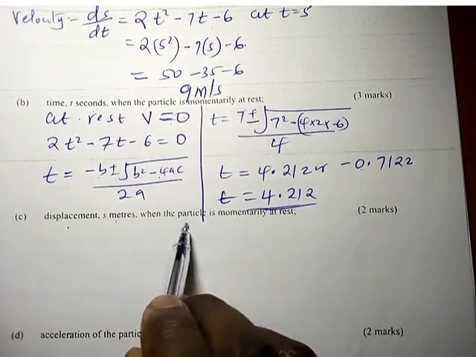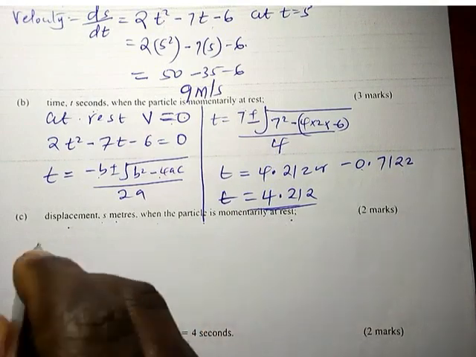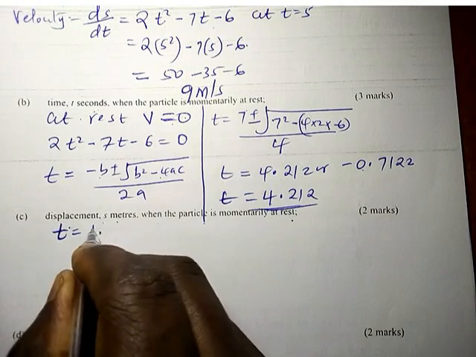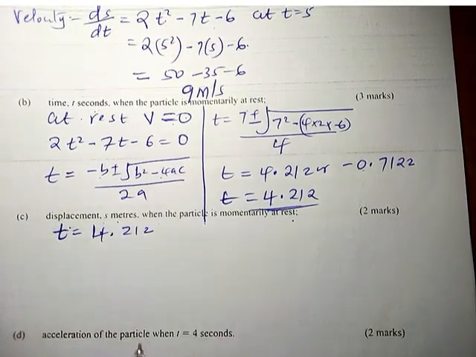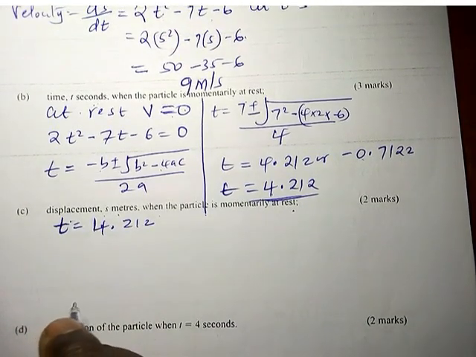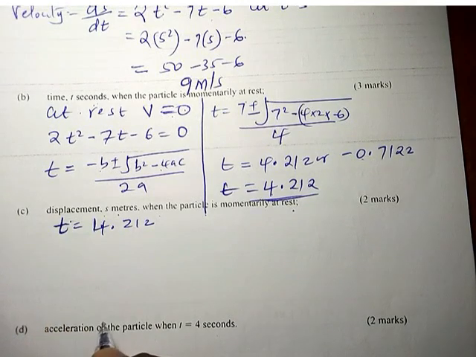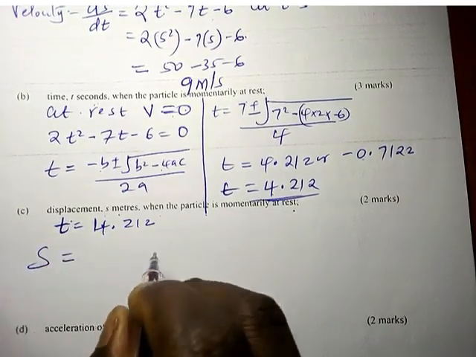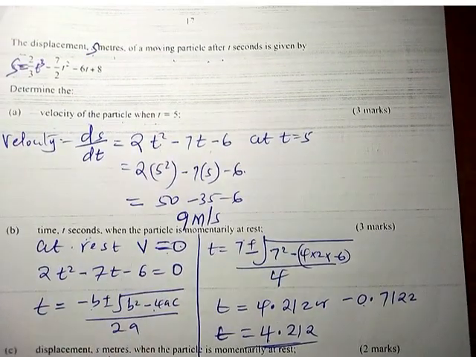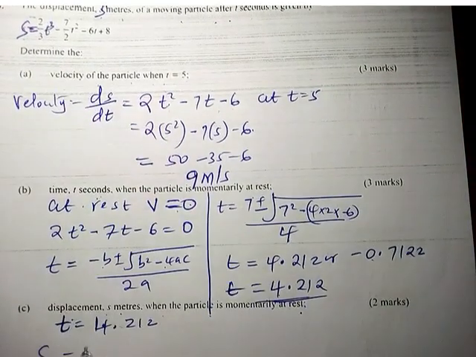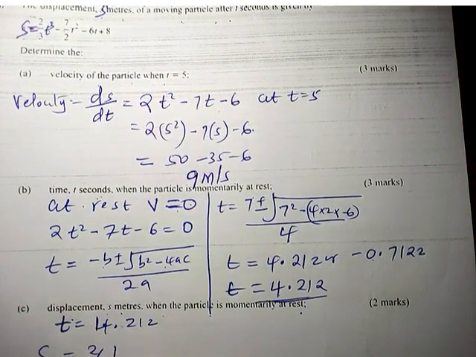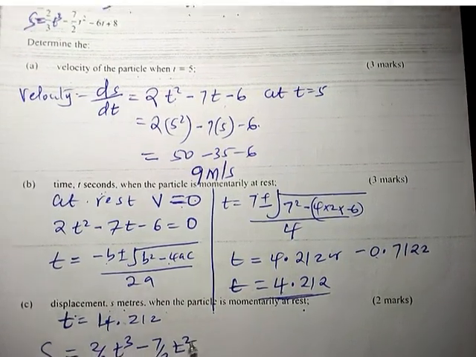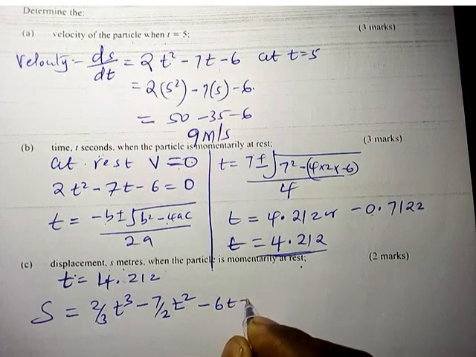Displacement s when the particle is momentarily at rest. Now we have the time when the particle is at rest. It is 4.212. We have that time. Therefore, s will be, now you substitute this time in this equation. s equals 2 over 3 t cube minus 7 over 2 t square minus 6t plus 8.